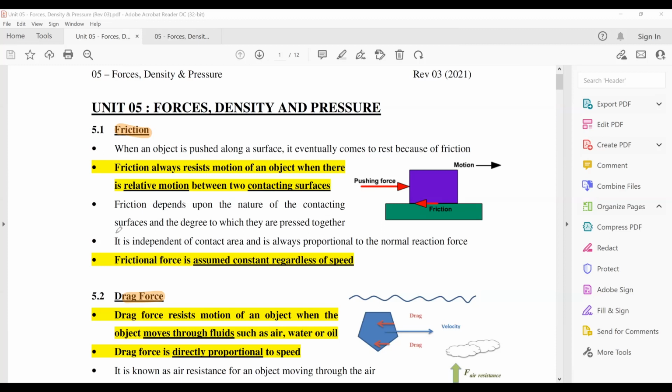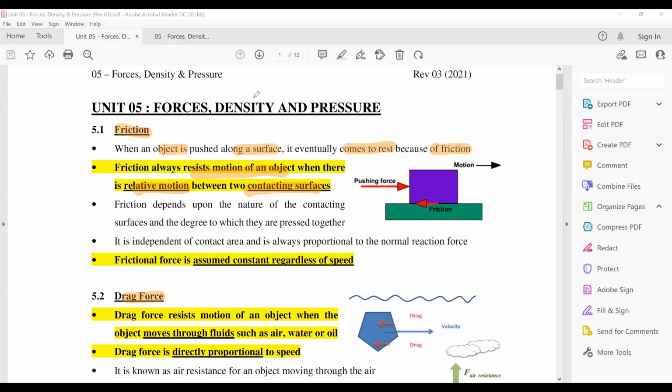For example, if you have an object that is pushed along a surface, eventually it will come to rest because of friction. Now, friction will always resist the motion of an object whenever there's relative motion between two contacting surfaces. When we talk about friction here, it's mainly the opposing force that arises when you have two surfaces rubbing against each other.